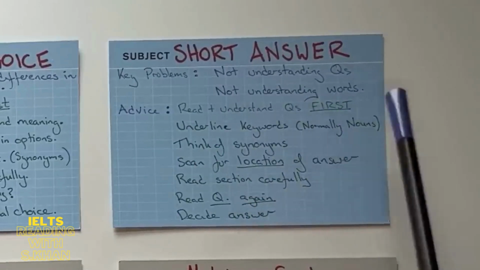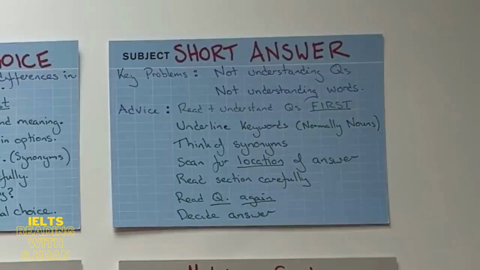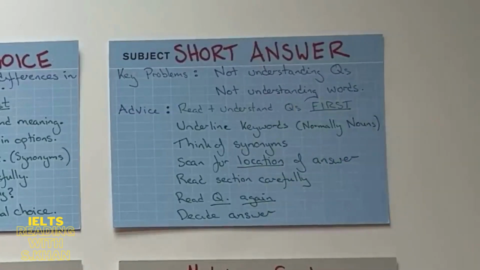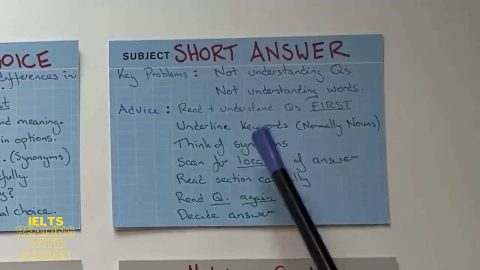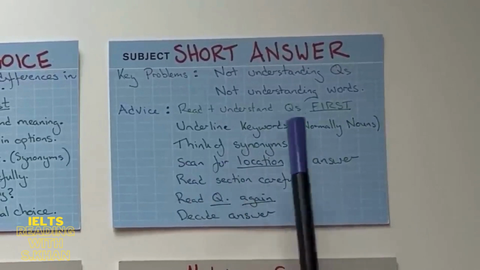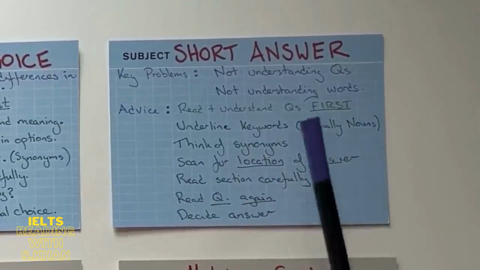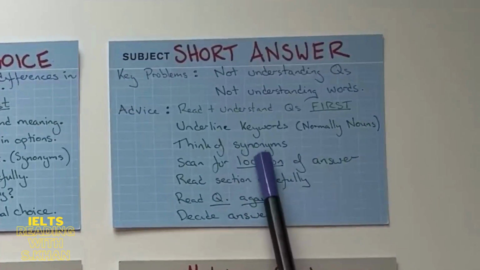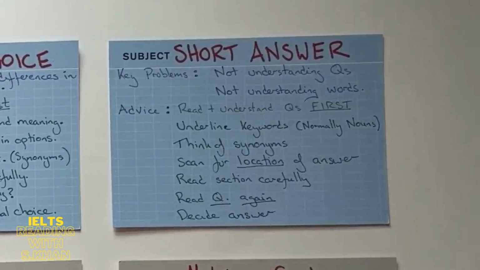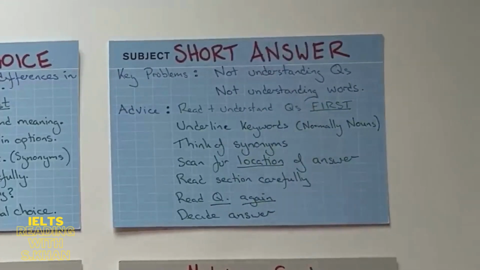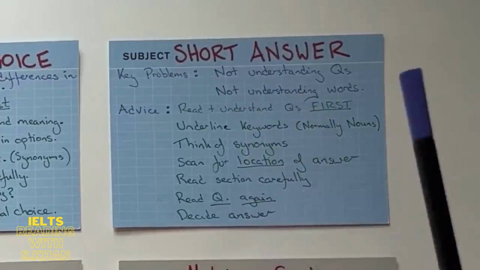These are normally going to be nouns and noun phrases: people, places, objects, things like that. Think of synonyms for those nouns, and that is going to help you scan for the location of the answer. Remember, where before what. Once we understand the location, we can read the section carefully, read the question again, because our big problem is not understanding the question, decide the answer, and write it in.